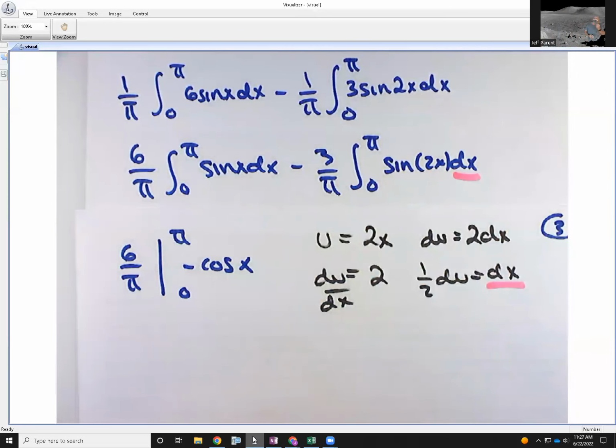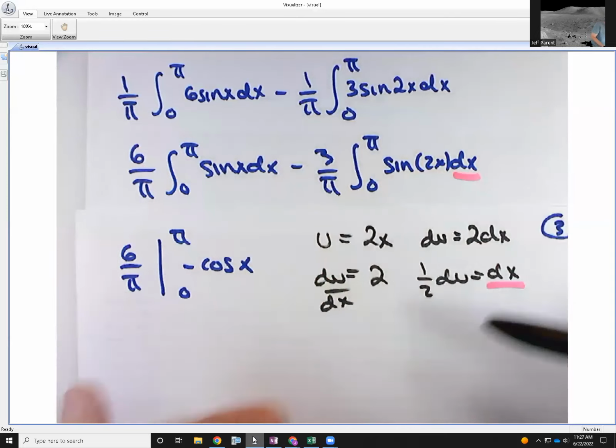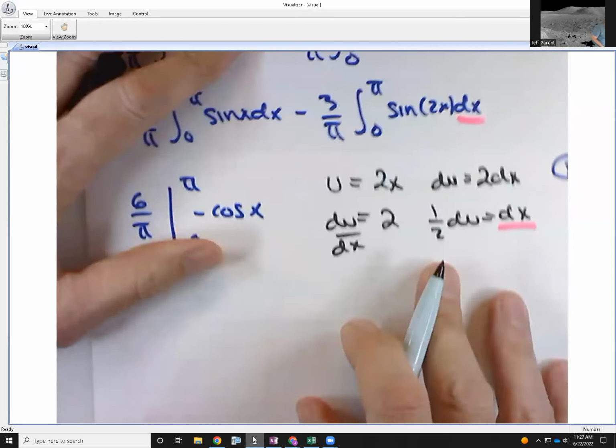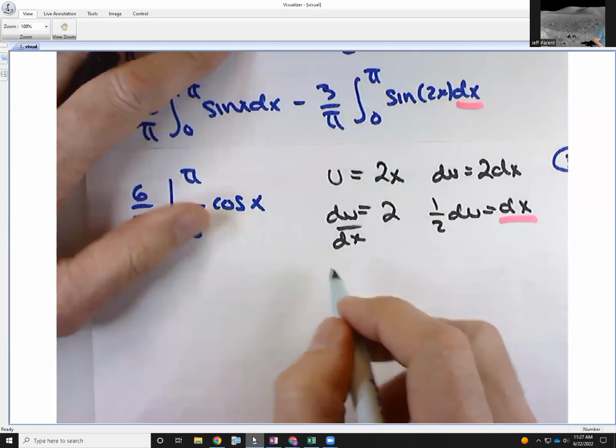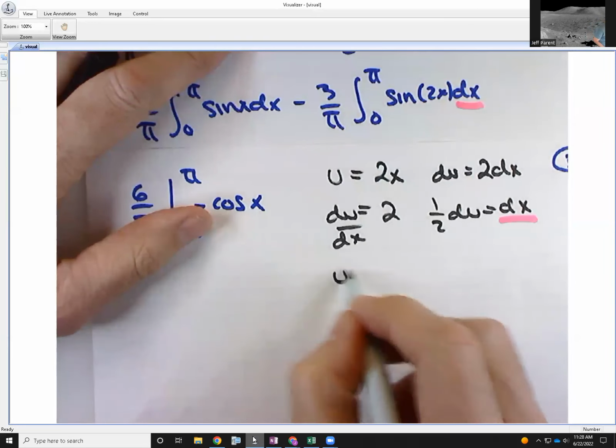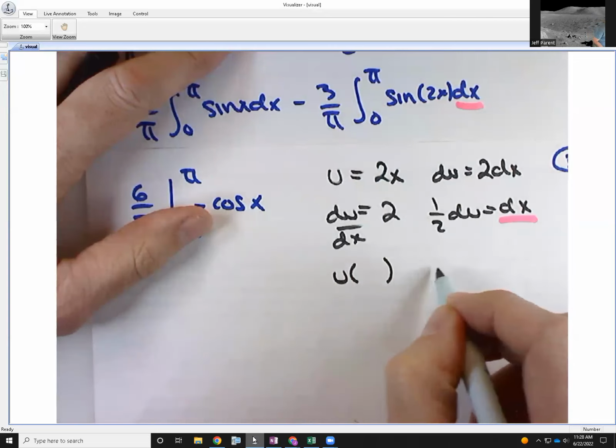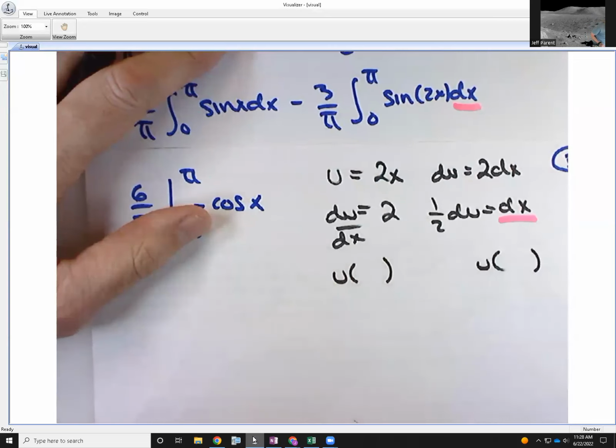So I can get rid of the dx as I do my substitution, change over to u. I should probably also change my limits. I don't know about you, I like doing it this way. Some people want to do their integral and then change back. So, you know, that's fine. If I'm going to change my limits, I've got to calculate two more things.